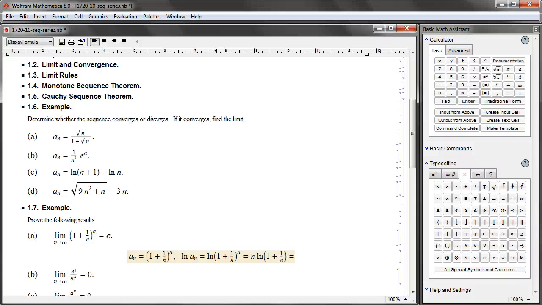At the Calc 1 level, most of the 0 times infinity type limits ended up with 0, but not this time. We can change it into fraction form like this, and then apply L'Hopital's rule.